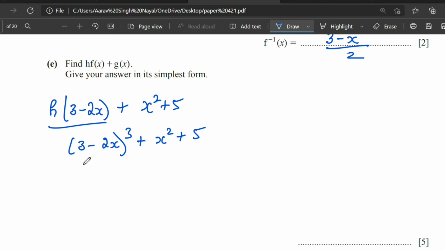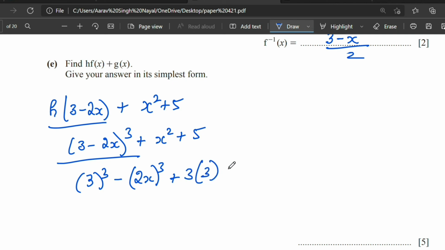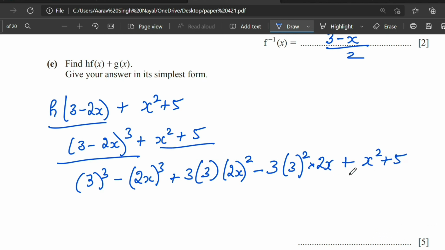Now using the formula of (a minus b) whole cube, this will be 3 cube minus (2x) whole cube plus thrice of 3 into (2x) whole square minus thrice of (3 whole square) into 2x, and then plus x square plus 5, which is the g(x). So 3 cube is 27 minus this is 8x cube.